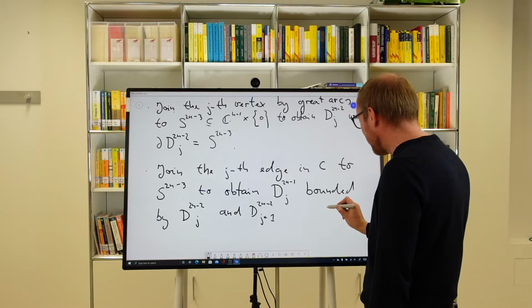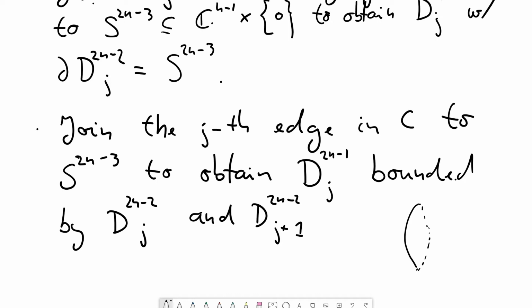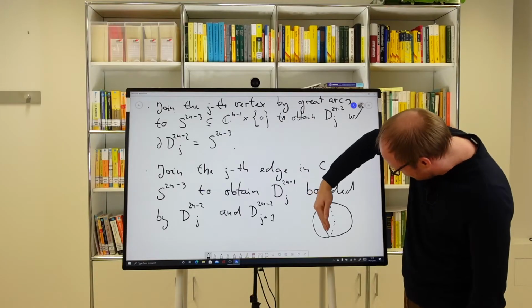I will try to draw a picture later, but maybe one already sees this here. This is our S^(2n-3), and the first disk is this round disk from the left-hand side corresponding to the jth vertex. Corresponding to the (j+1)st vertex, we've got a round disk maybe bending towards the other side. If I walk along the edge from the jth vertex to the (j+1)st vertex, then I vary along disks from left to right.